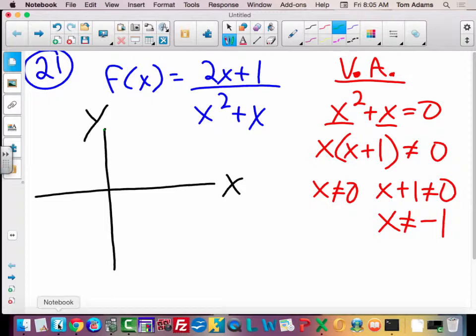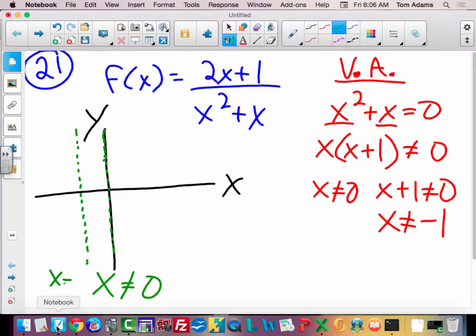Yeah, x cannot equal 0, and x cannot equal negative 1. Okay?